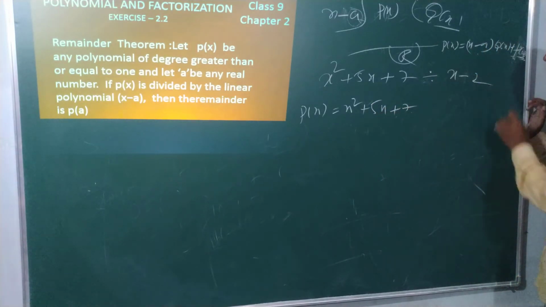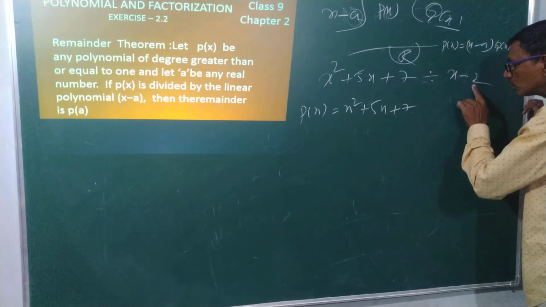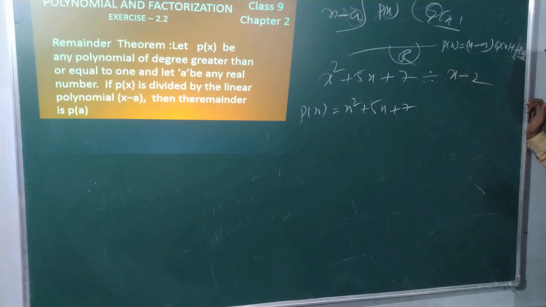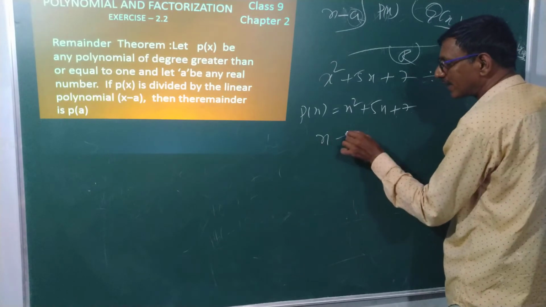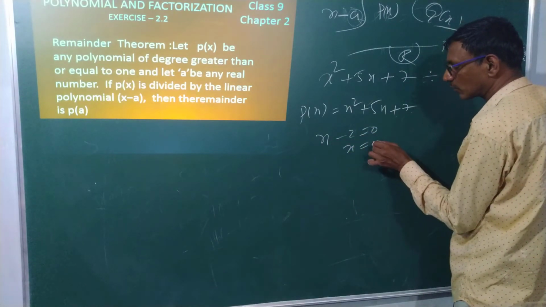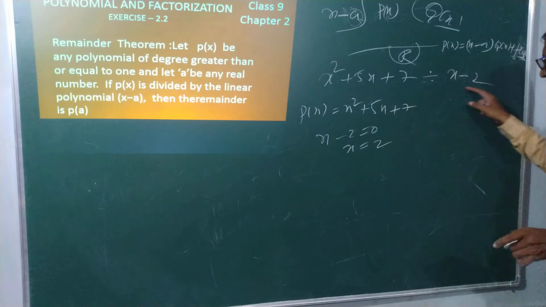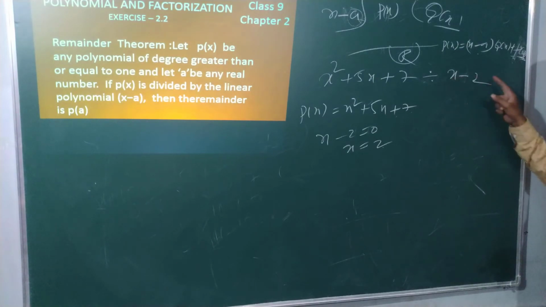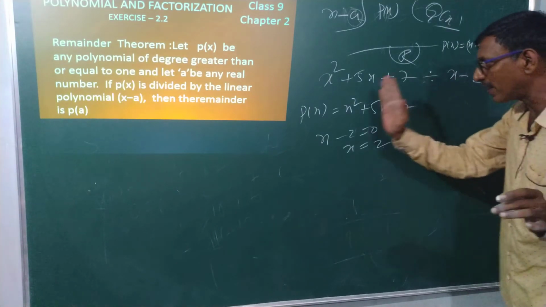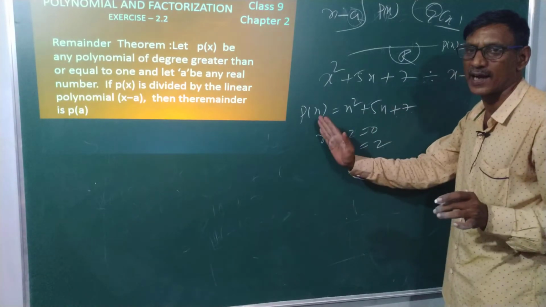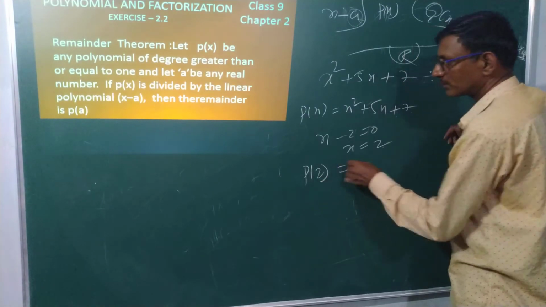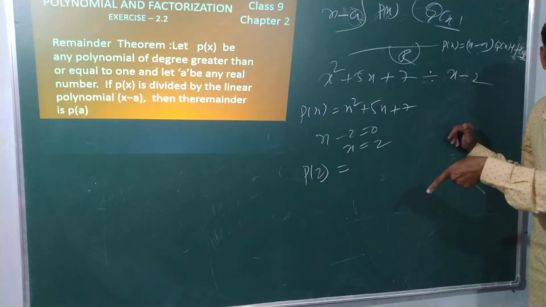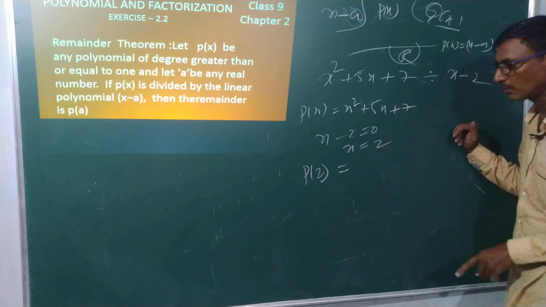I would like to take x minus 2 as the divisor. By definition, x minus 2 is equal to 0, so x is equal to 2. This is the zero of this linear polynomial. When you place it here, we get some remainder, whatever it may be. P of 2. There we took x minus 2, here we took x plus 2. That is the difference between both cases.